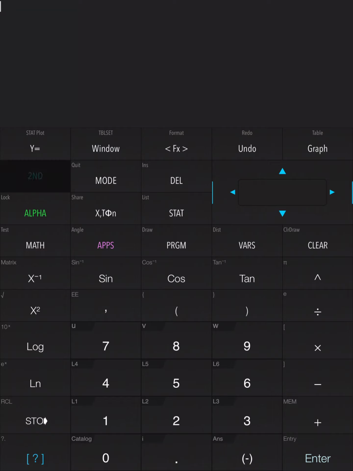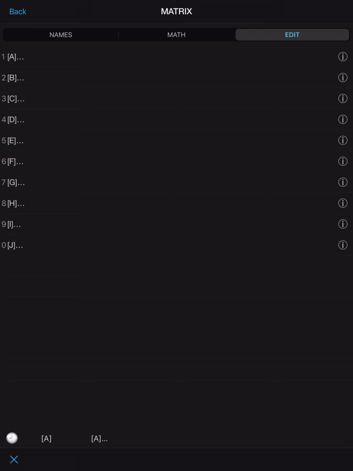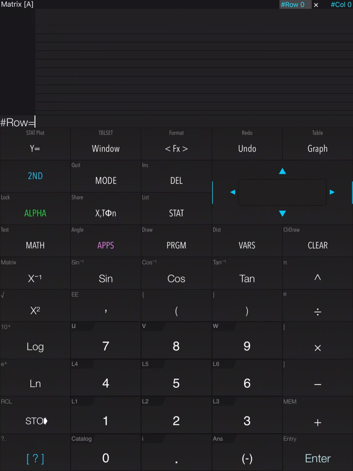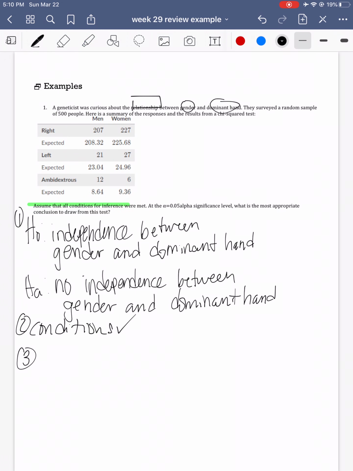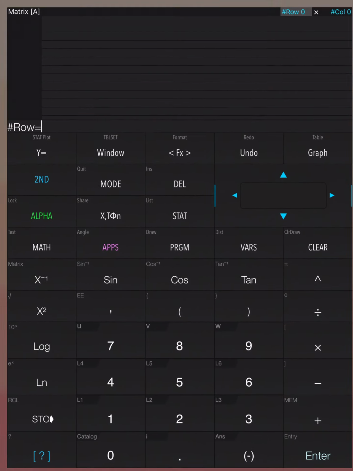So we have second, x to the negative first, go over to edit, matrix A, enter the number of rows and columns. Let's go ahead and get that information. I only want to enter the observed values, so I'm only focusing on these gray rows here. I have 3 rows by 2 columns in my table.